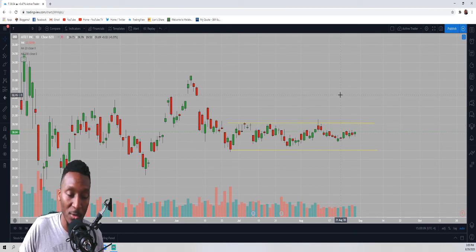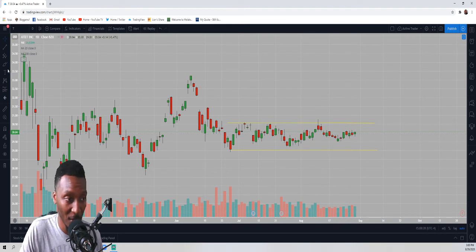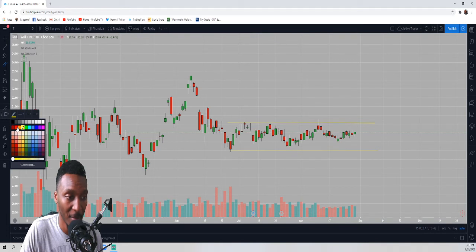Any type of news on a stimulus package from the federal government, any bad news, any news whatsoever is gonna make this pop out of here. Whether it could be some news with the company. I'm gonna make this red.